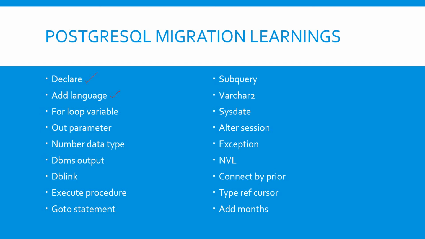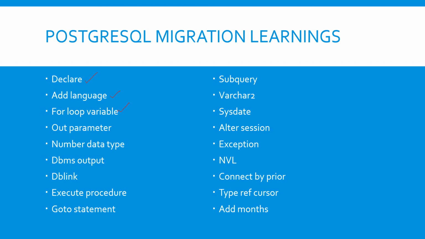And the for loop in Oracle: inside the business logic, we directly use variables like i or j, x, y, z. But here we need to declare them in the declaration statement based on your written statement, whether it is record or number or text, whatever format you want.